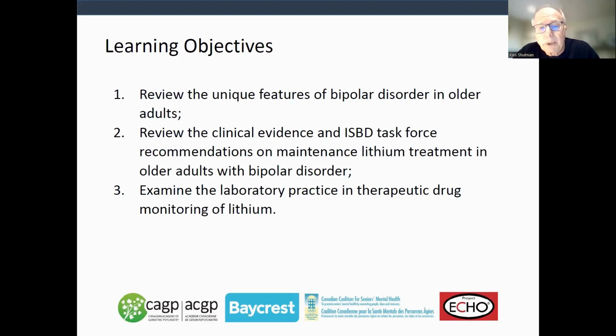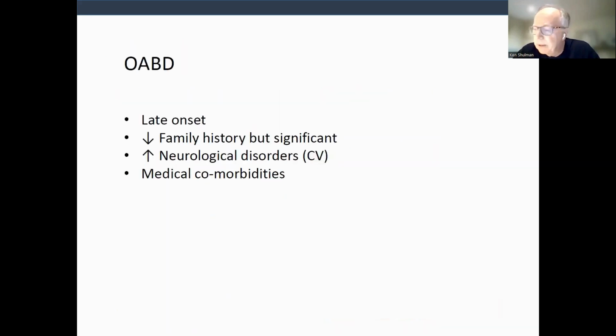And finally, I'm going to talk about what is, for all intents and purposes, a quality improvement project, which is looking at the practice of laboratories across the country in how they report therapeutic drug ranges for lithium in older adults. So those are my main goals. I should add, I hope that we can have some fun here as well.